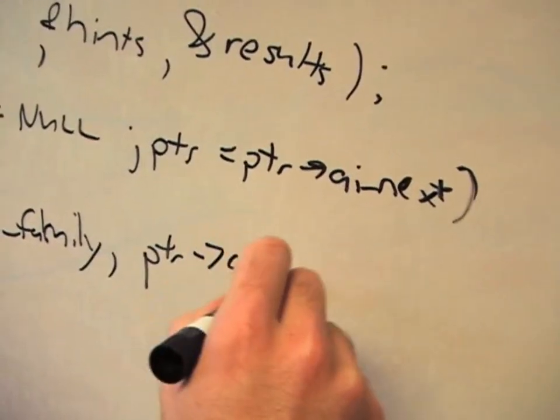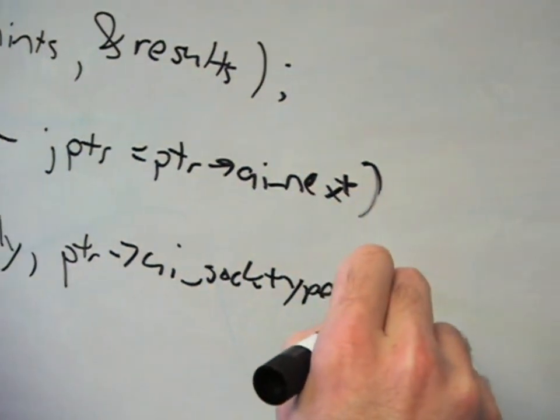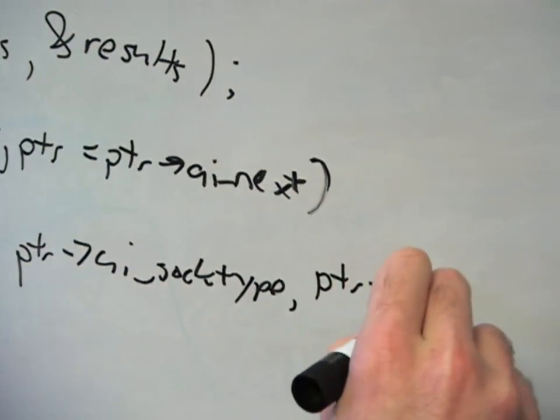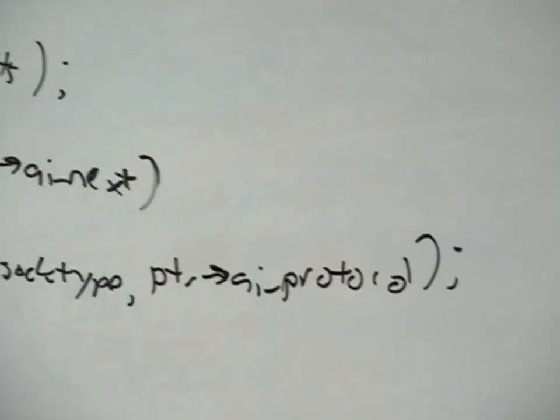But that's just a side thing that it wraps up for you. ai_socktype and protocol. And you've created your socket.